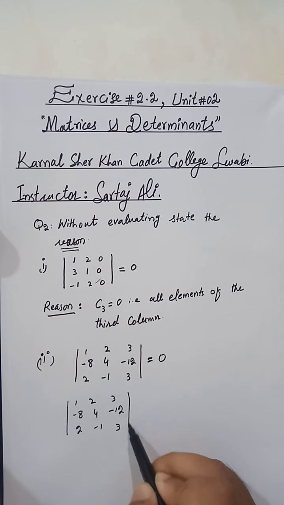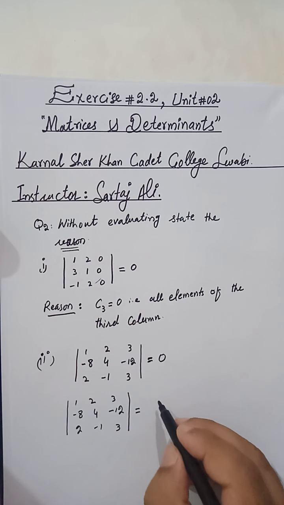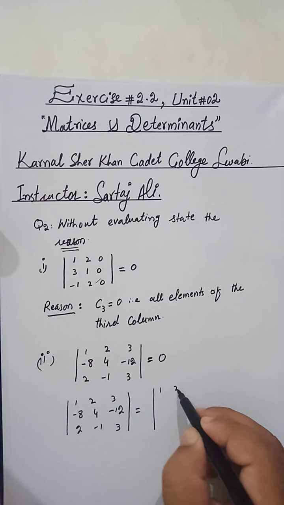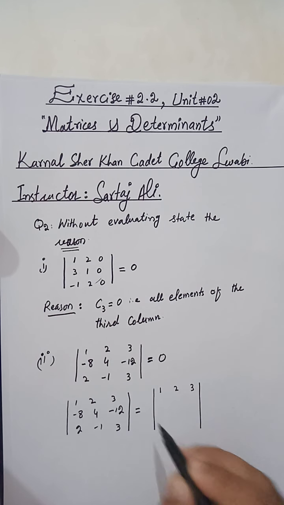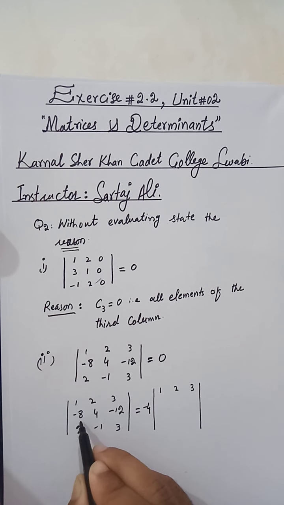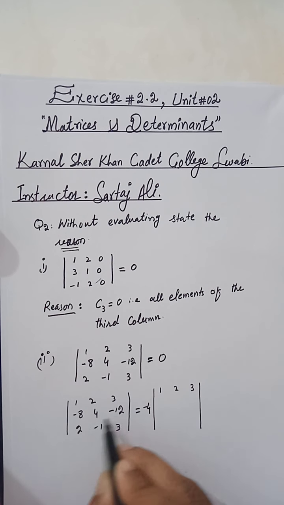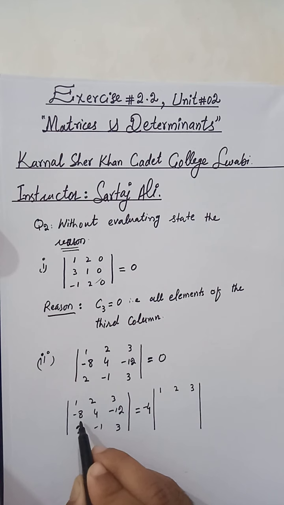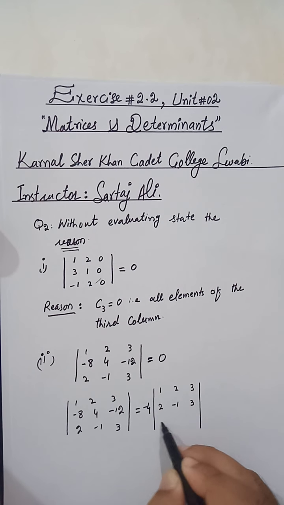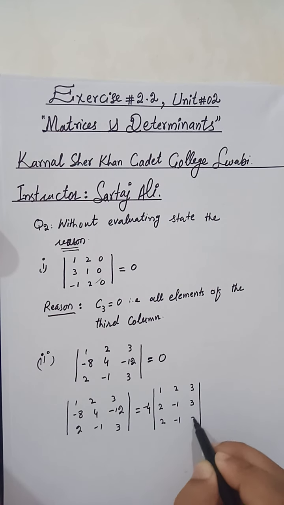Remember that you can take common from any row or from any column. So I am taking common minus 4 from the second row. When you take common minus 4 from the second row, it is taken common from every element of that row. So this becomes 2, minus 1 and 3.